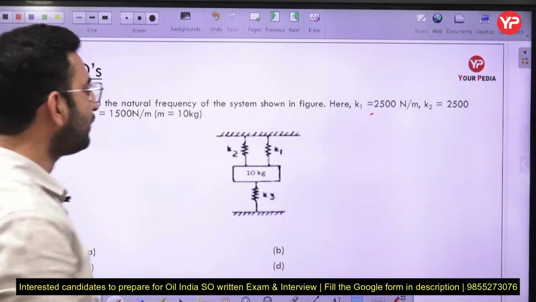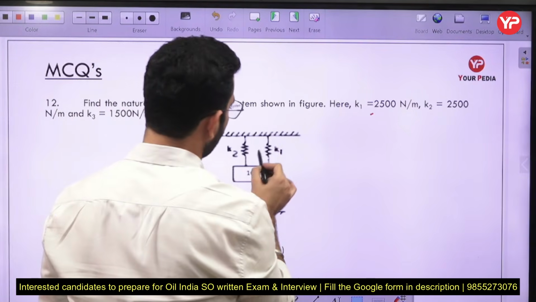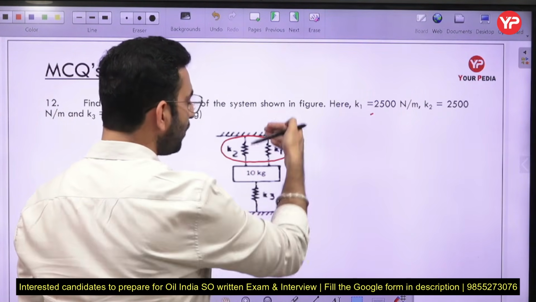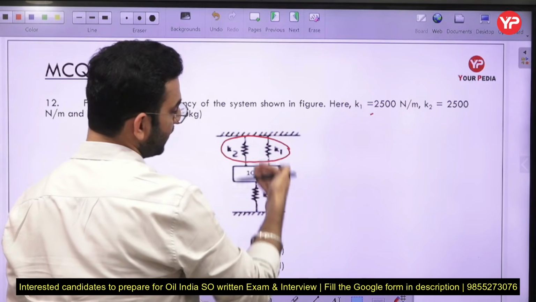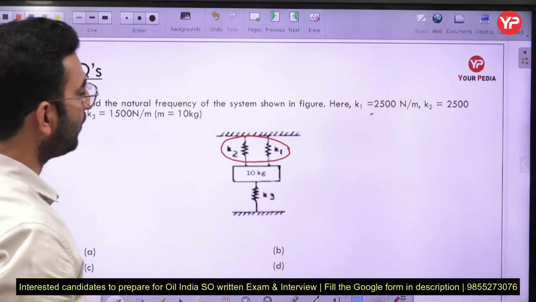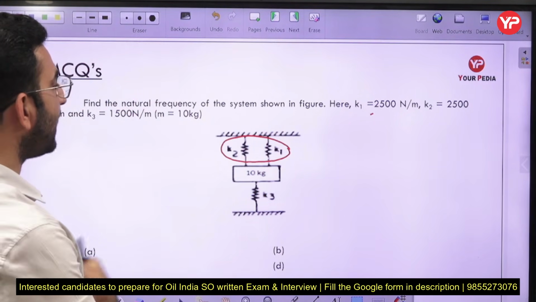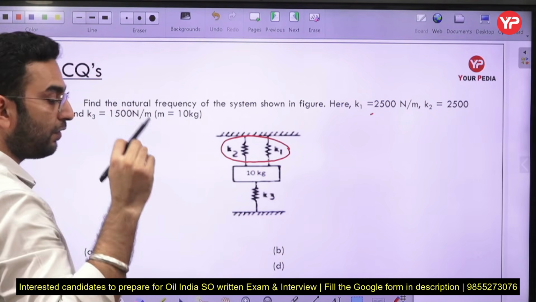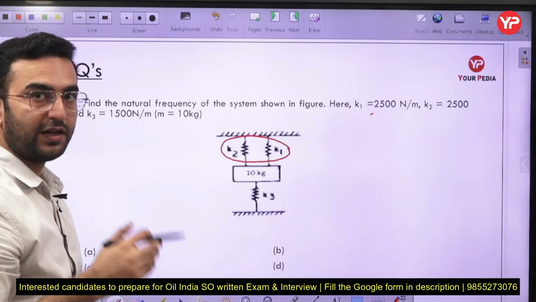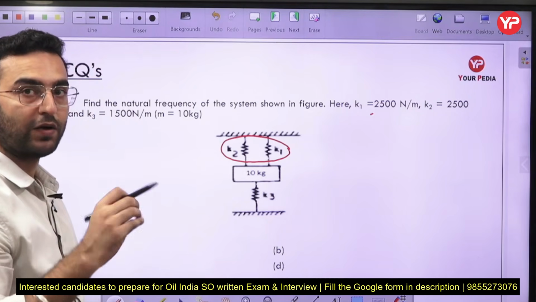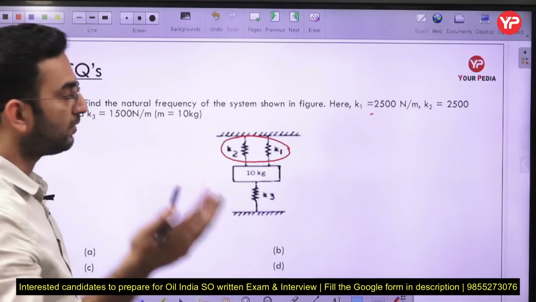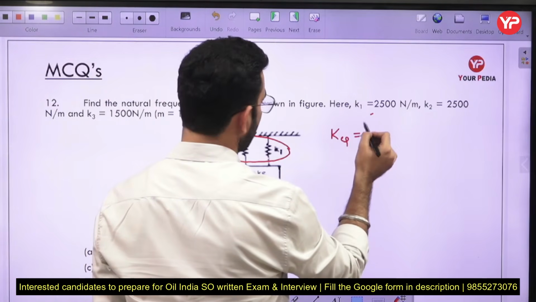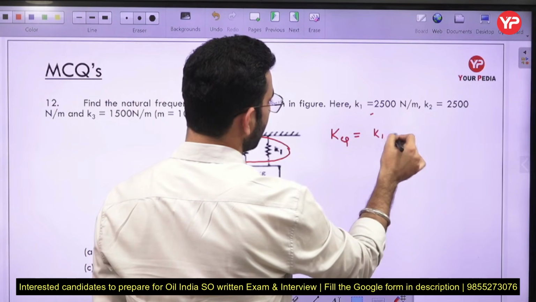Here in this case, if you see the diagram very carefully, K1 and K2 are adjacent in parallel, and the whole configuration is again a parallel configuration. Understand that whenever springs are arranged in parallel, the equivalent stiffness can be calculated by taking a simple sum. So K equivalent is equal to K1 plus K2.